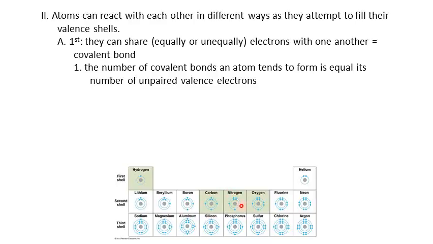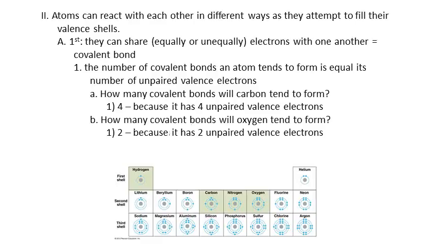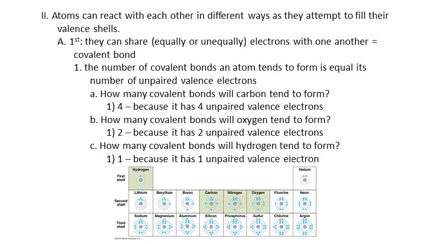Nitrogen has 3 unpaired valence electrons, so it tends to form 3 bonds. Oxygen has 2 unpaired electrons, so it tends to form 2 covalent bonds. So, carbon 4, oxygen 2, and hydrogen 1.